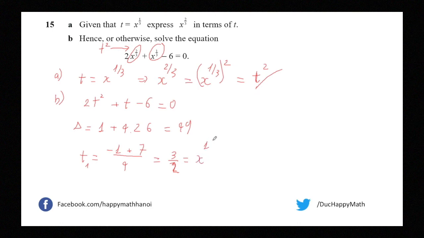x power 1 over 3. So from this one I want to get x, so I have to take the cube root of both sides of the result, and then x will be equal to 27 divided by 8.